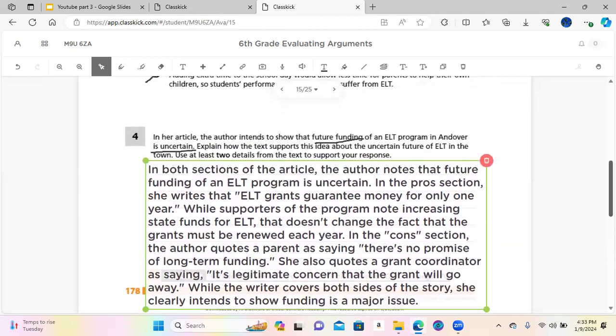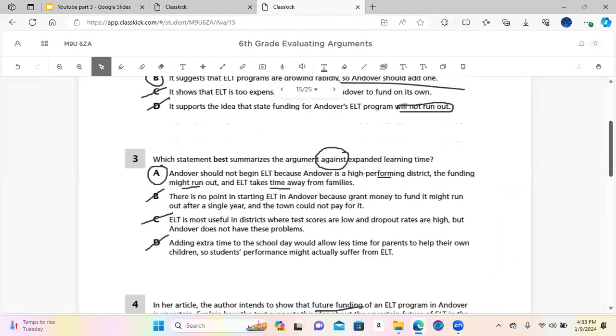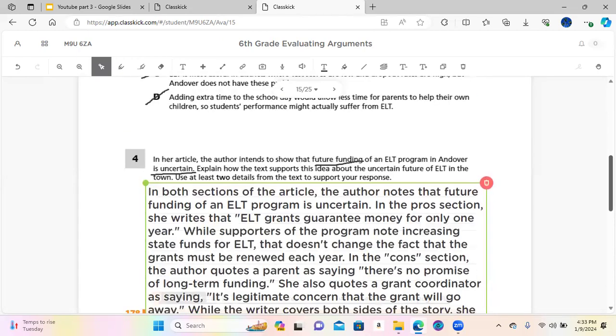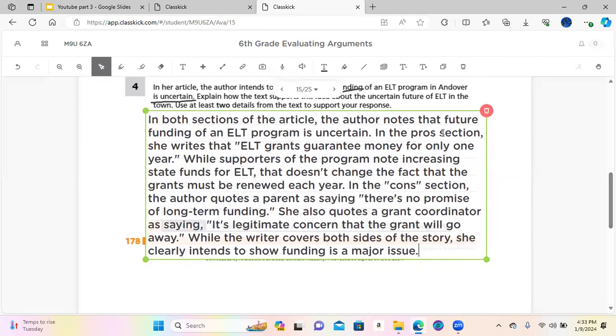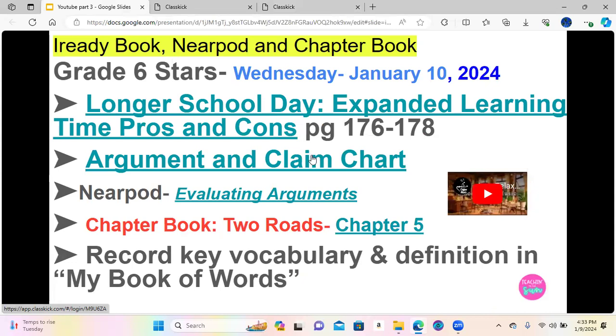Thank you for all your hard work throughout this lesson. Now it's time for your small groups. So you're going to complete an argument and claim chart.